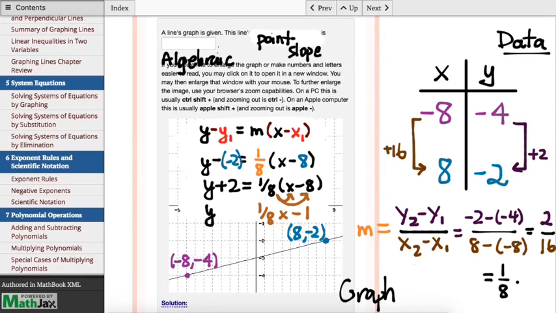And then if I were to want to get the y by itself, I would need to subtract 2 from both sides. And when I subtract -1 minus 2, I'm going to get -3. Which, lo and behold, that's the equation that we had in slope-intercept form the first time that we found it.